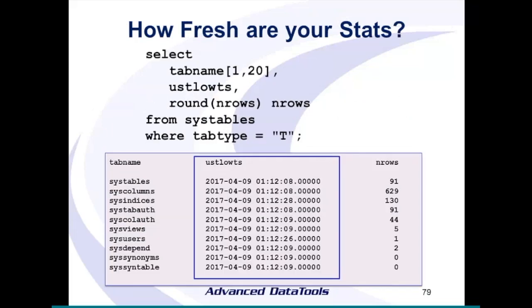So in an example of checking this database, seeing when the stats were run, we can see this timestamp against each table. So it's worth looking at that and seeing how long ago the stats were run, and we can check to see how accurate they are.